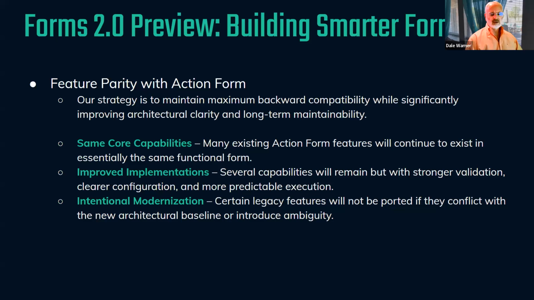It's going to have improved implementation, so better, easier ways to design your forms. And then we are intentionally modernizing it. So if something exists in Action Form that is in conflict with where we want to go with Forms 2.0, some of those lesser-used legacy features might not be ported forward.